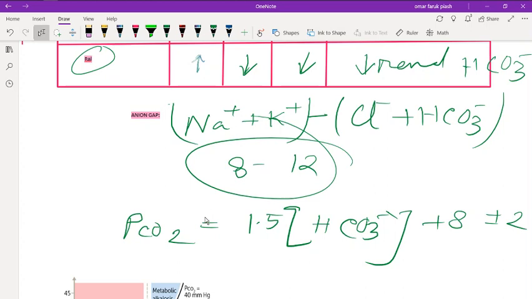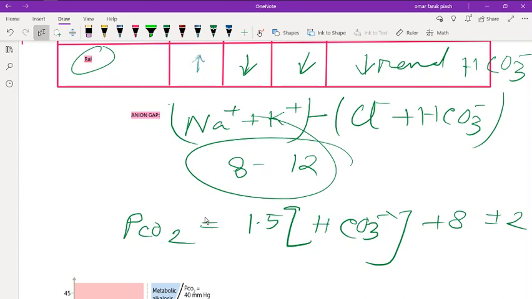And this is Winter's formula. If measured PCO2 is greater than the predicted PCO2, then there is concomitant respiratory acidosis. On the other hand, if measured PCO2 is less than predicted PCO2, then there is concomitant respiratory alkalosis.